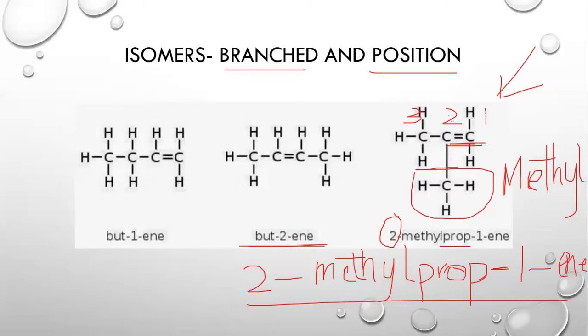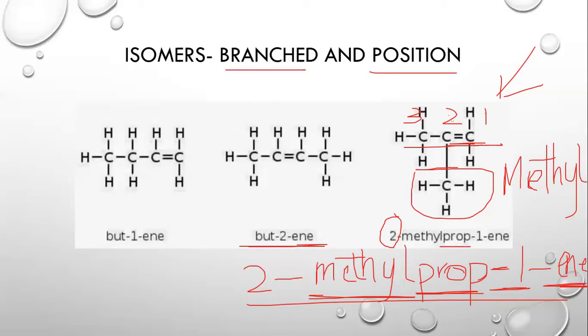So let's review. In branched isomers, you first are going to see from where your branch is attached. A branch is when you have another chain of carbon that is attached, which is not part of the longest carbon chain. So from which carbon the branch is attached, then the name of the branch, then the longest carbon chain, then from where the functional group is attached, and then "ene," which is the suffix.